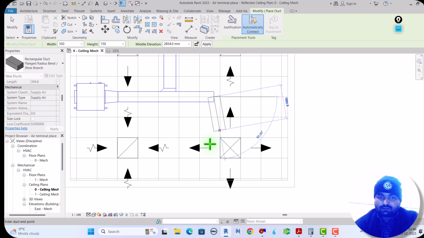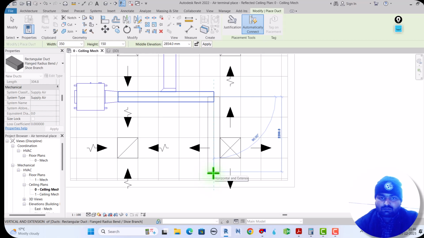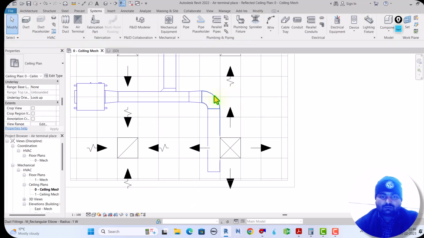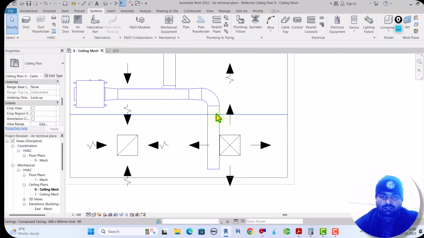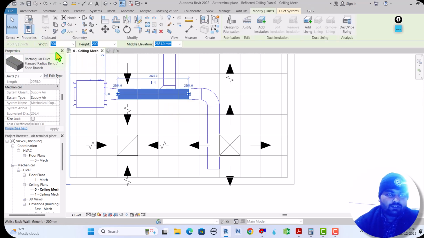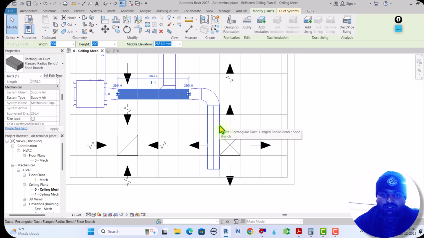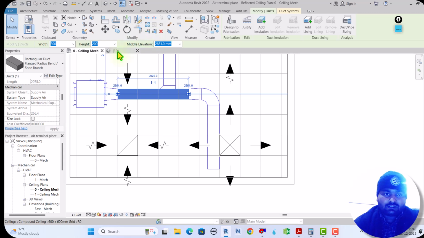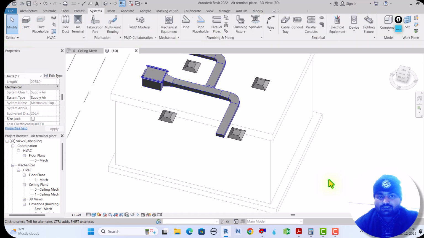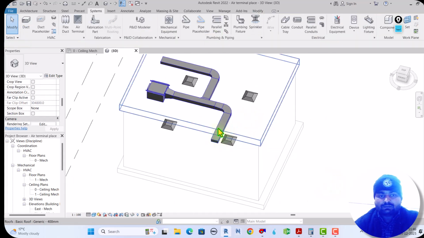Here the width is 300 and after that the width is how much? 350. The reducer is also like this, you can check in 3D here, like this, see here.